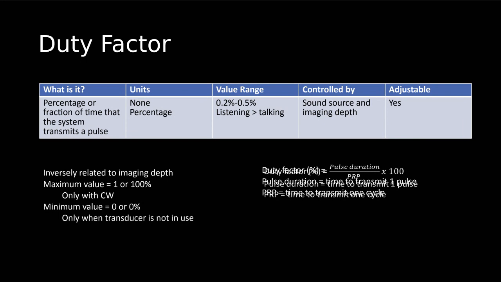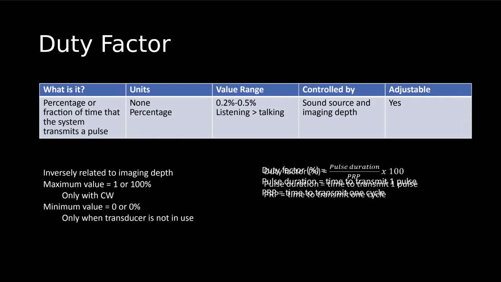So as we have a greater depth, we are going to have a shorter duty factor, right? Because the deeper into the body we're looking, the more we are listening. So that percentage of time that the system is sending in a pulse is going to be less than when we have shallow imaging. When we have shallow imaging, we have a higher PRF, shorter PRP. Therefore, we are going to have a greater duty factor, a higher duty factor.